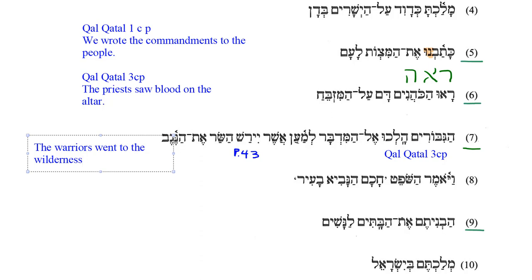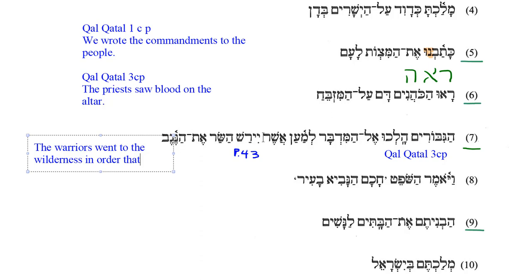Now we have lama'an asher, and that word pair there will mean in order that, or in order to, or perhaps for the sake of. So in order that, now we have yirash.